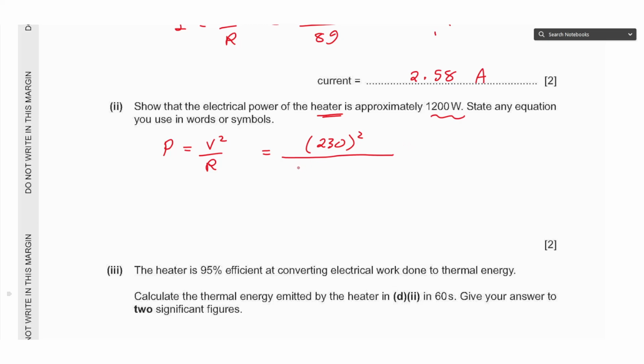We can use product over sum, so 89 multiplied by 89, R1 times R2, over 89 plus 89, R1 plus R2, to get the total resistance. You can calculate the resistance first, then use the equation, or write this whole thing on the calculator at once. That gives an answer of 1188, which is approximately 1200.